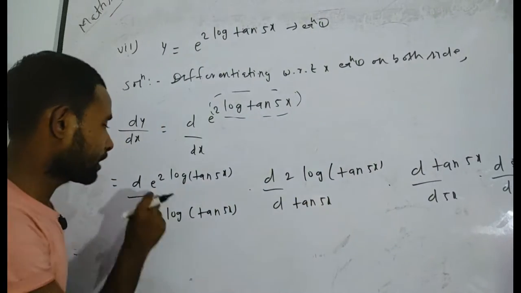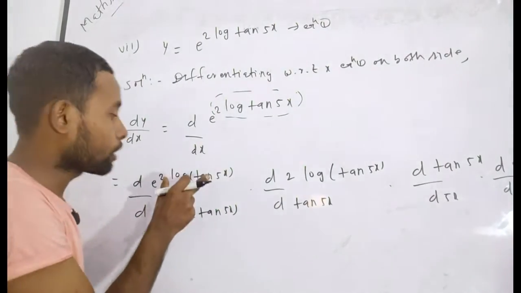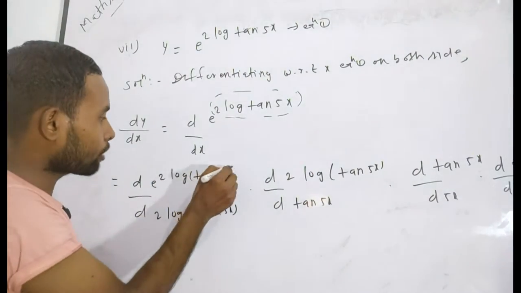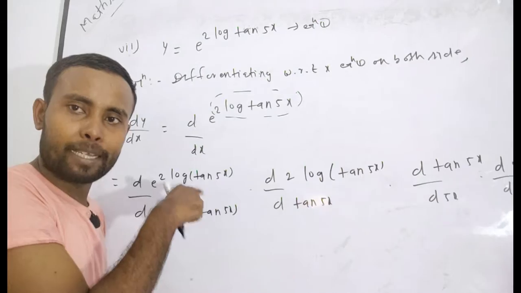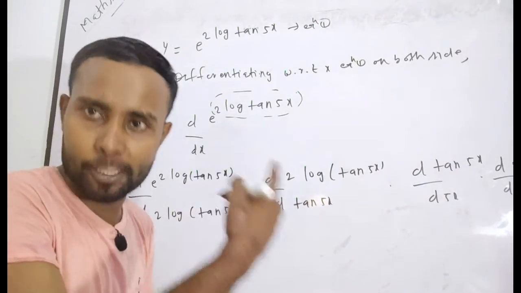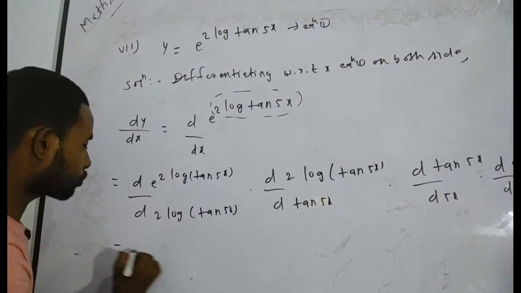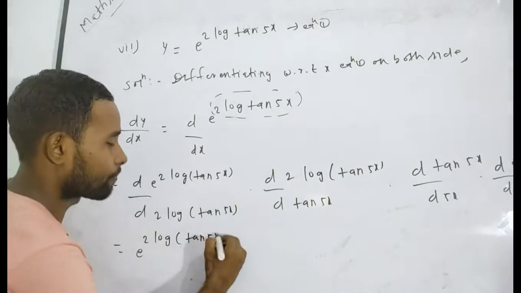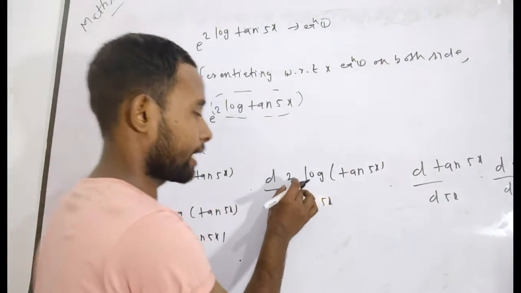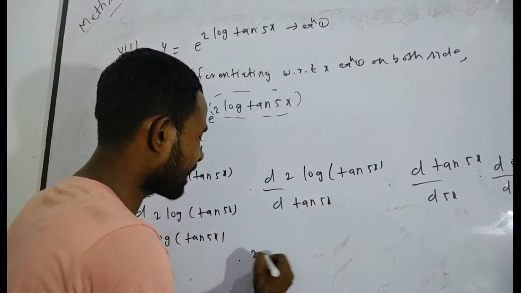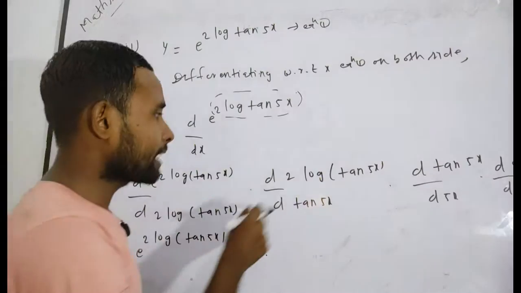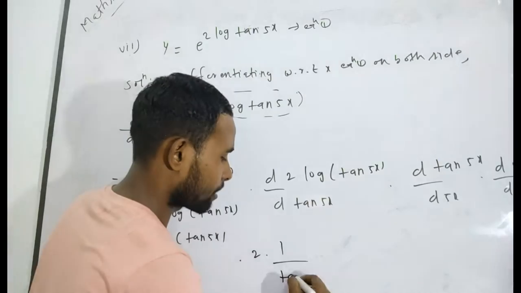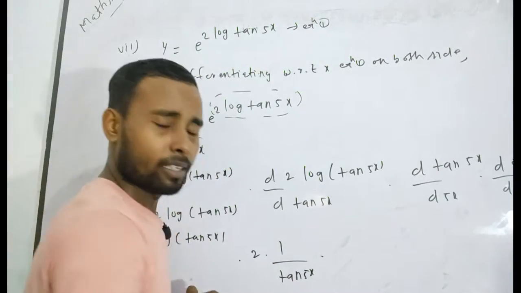Now if you see the derivative of e to the power some terms, as I have already told you, suppose that this is p. The derivative of e to the power p with respect to p will be e to the power p. That's why I want to write here e to the power 2 log tan 5x. In the second term, this 2 is a constant, so you can take it out of the derivative, and the derivative of log tan 5x will be 1 upon tan 5x.